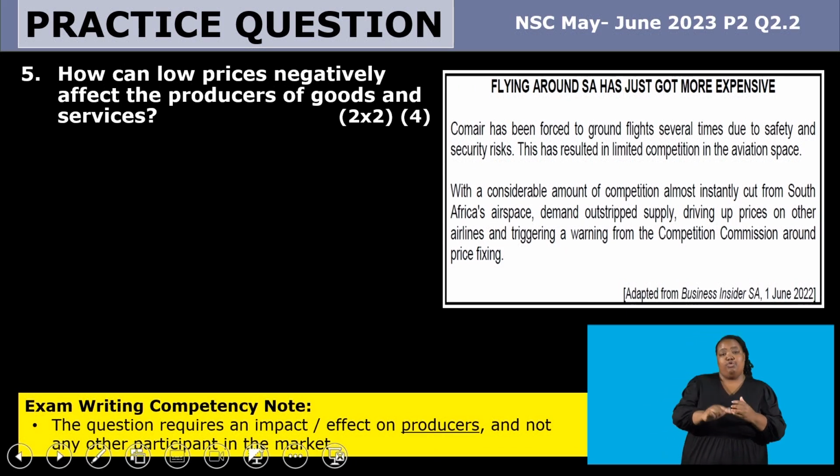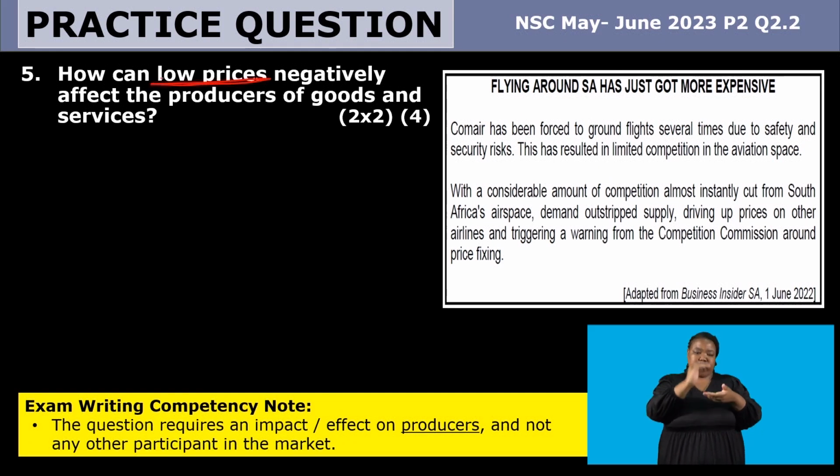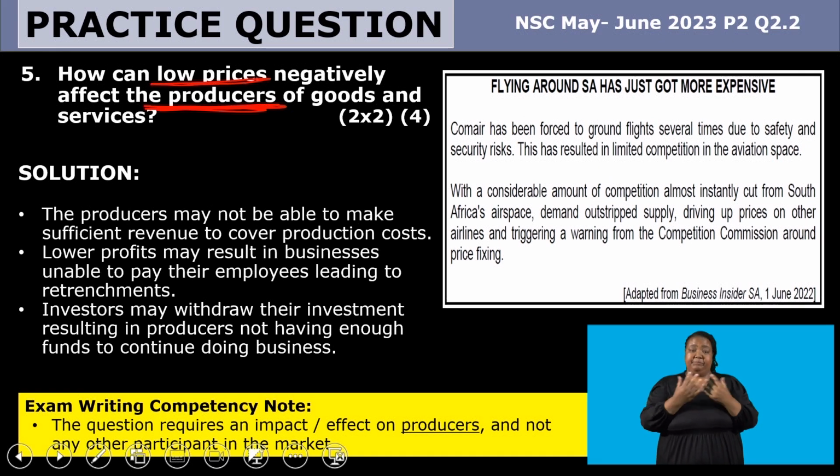How can low prices negatively affect the producers of goods and services? So our question is talking about the effect of low prices on producers. How are producers affected by low prices? Number 1, the producers may not be able to make sufficient revenue to cover production costs because they are selling at a low price.